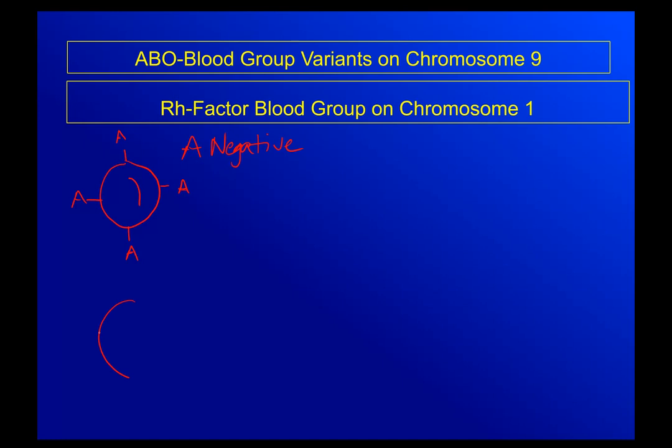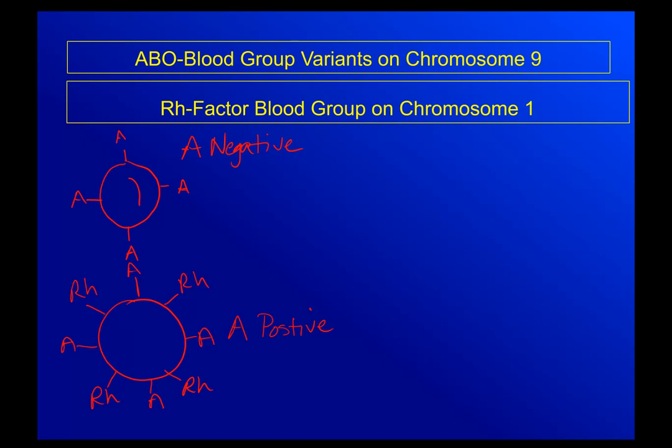If I have a blood cell that has the A and the Rh, then I am A positive.